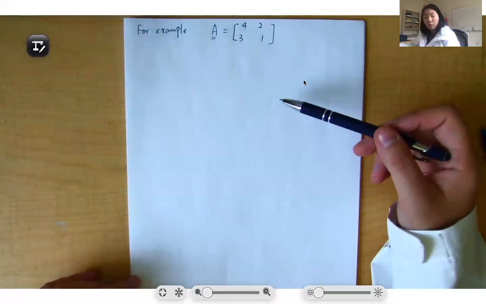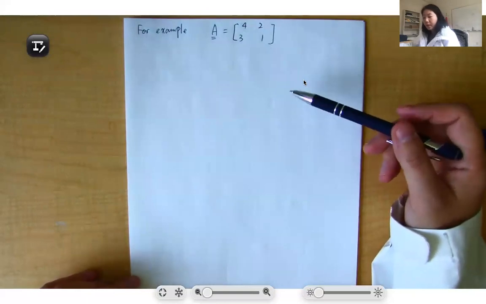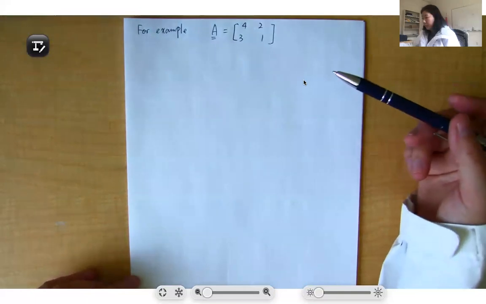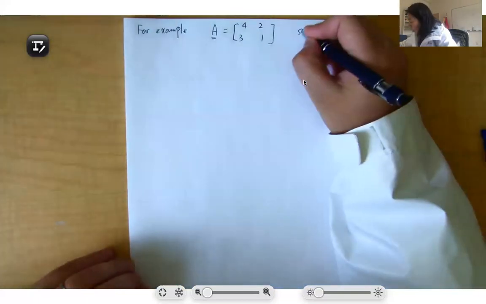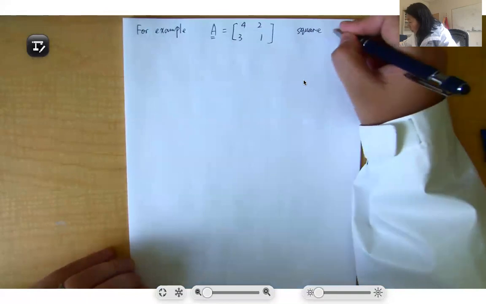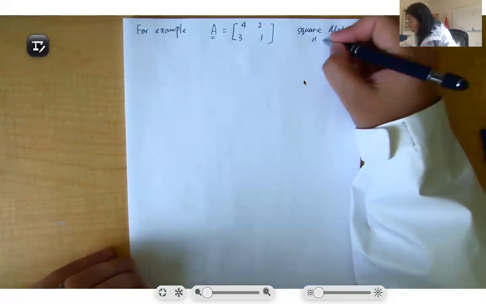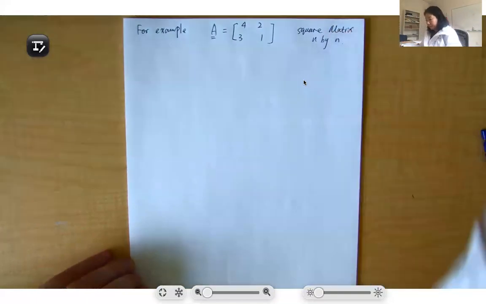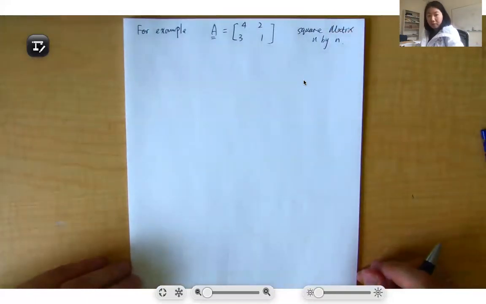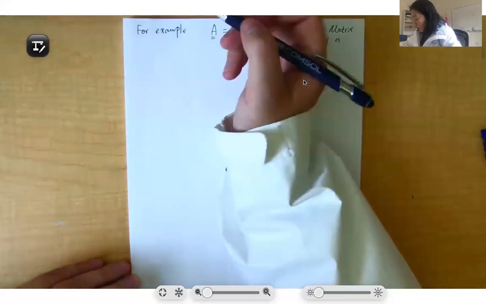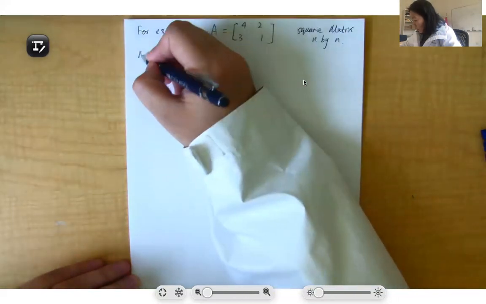If it is not a square matrix, not n by n, then we couldn't get the inverse. So the dimension has to be n by n. Let's use method 1 to solve the matrix inverse.